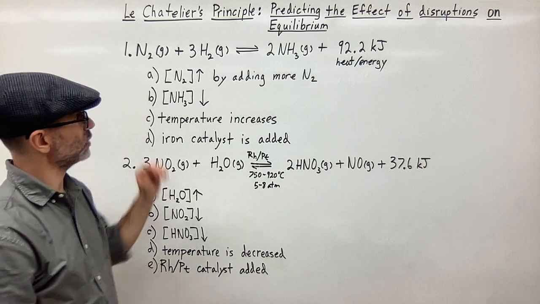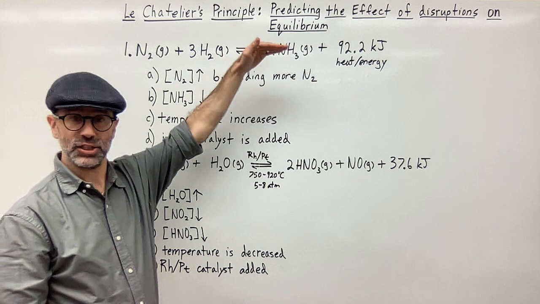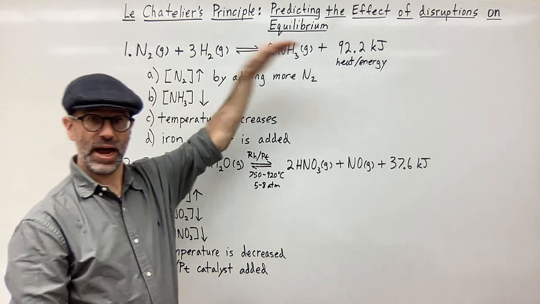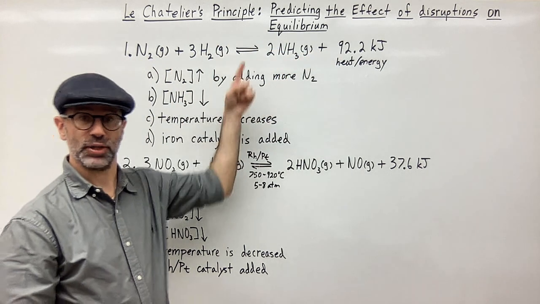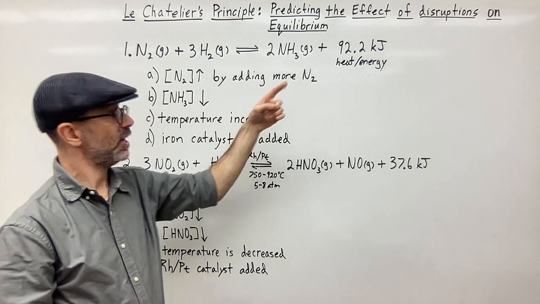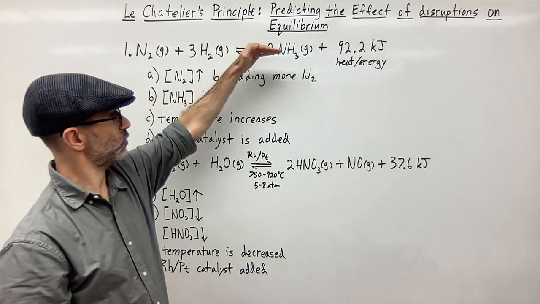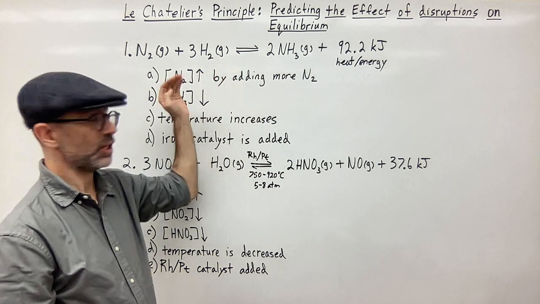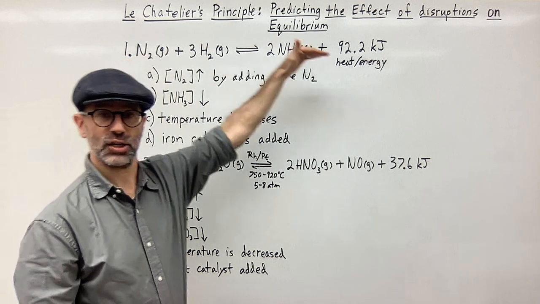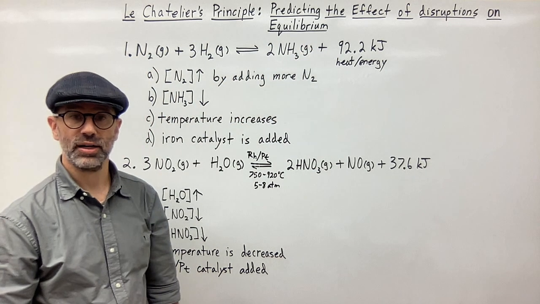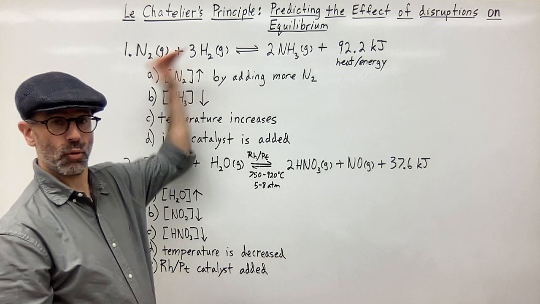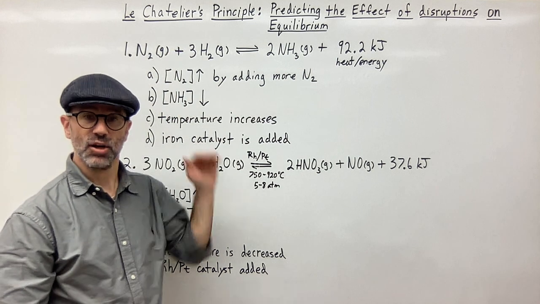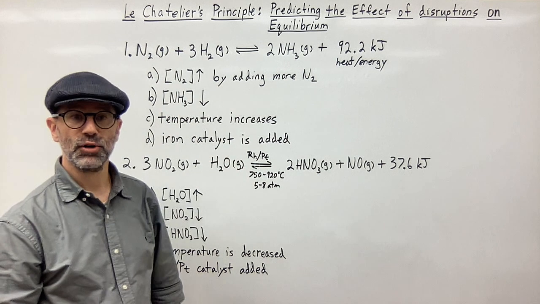And so that's going to cause the forward reaction rate to go faster because it's got to replenish that amount. And so it's going to go faster this way compared to the reverse reaction momentarily. So that's going to cause an increase in the amount of product as the forward reaction goes faster than the reverse reaction.